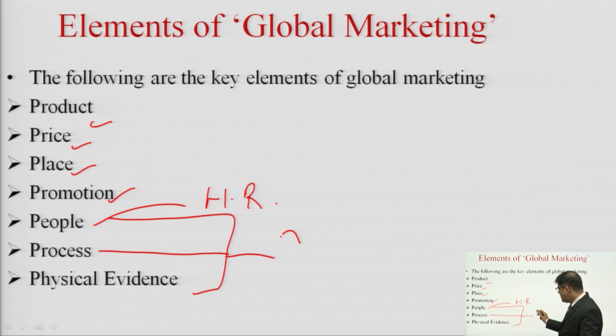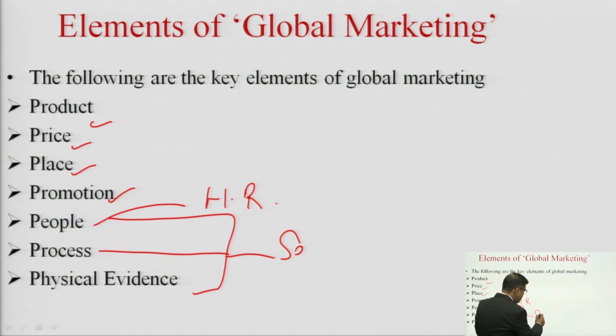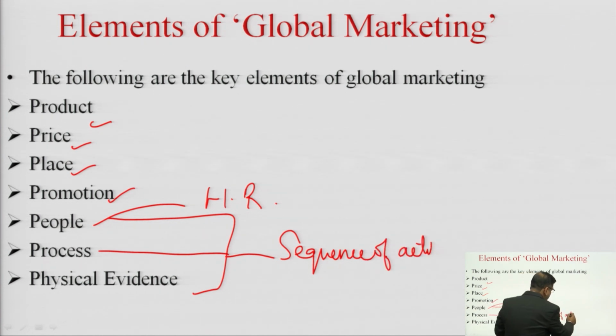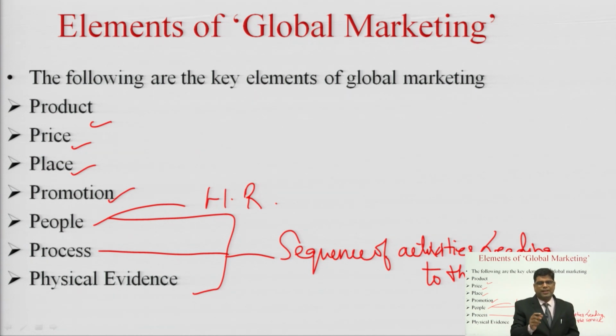Process can be defined as the sequence of activities. When services are offered to the consumer, there is a sequence of activities leading to the service. So, process is about the various activities placed one after the other, and this logical sequence ultimately leads towards consumer satisfaction, or fulfilling the requirement of the consumer with the service or the product.